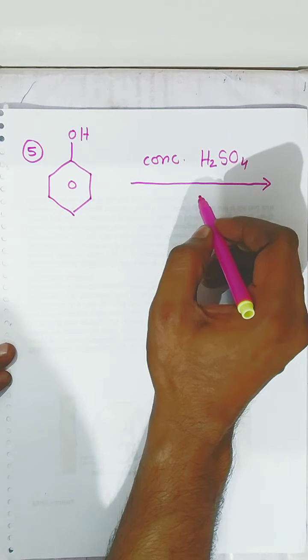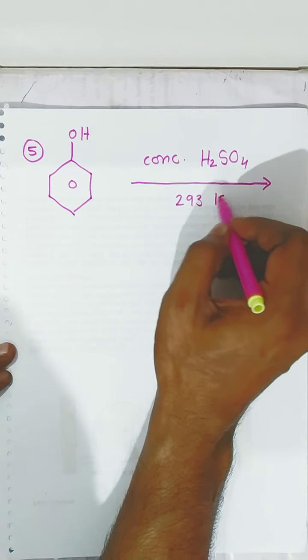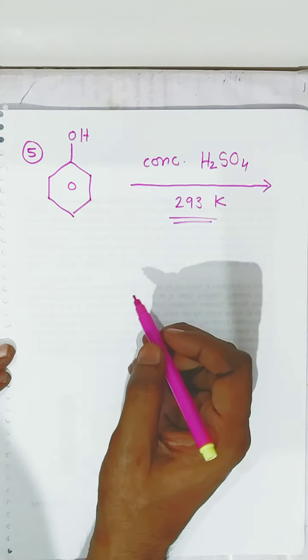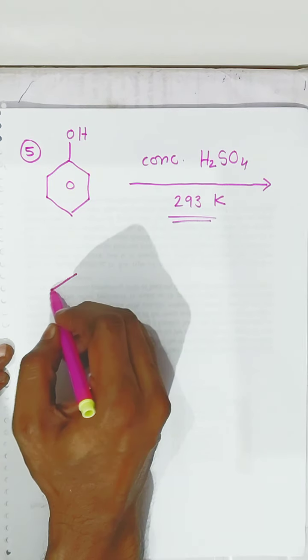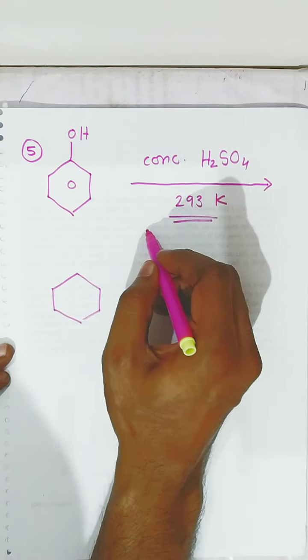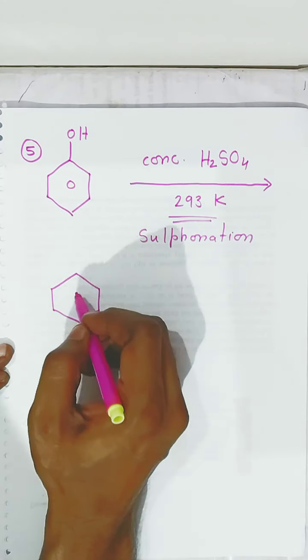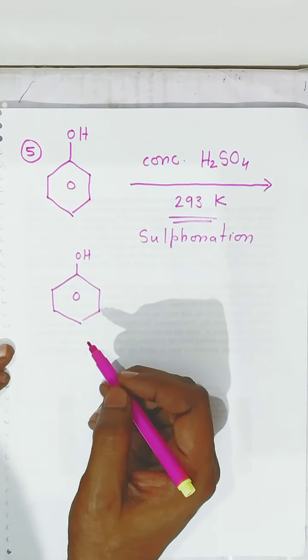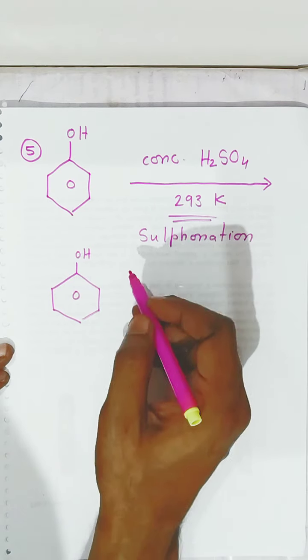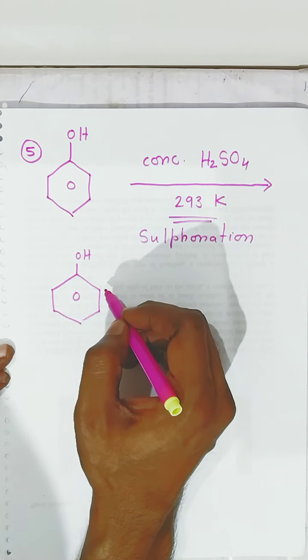This concentrated sulfuric acid we are adding at 293 Kelvin. This is very important, students. So you will get orthophenol sulfonic acid. Here the sulfonation reaction will take place, because now a sulfonic acid group is going to be added. So again write down the phenol like this, because a sulfur group is going to be added.